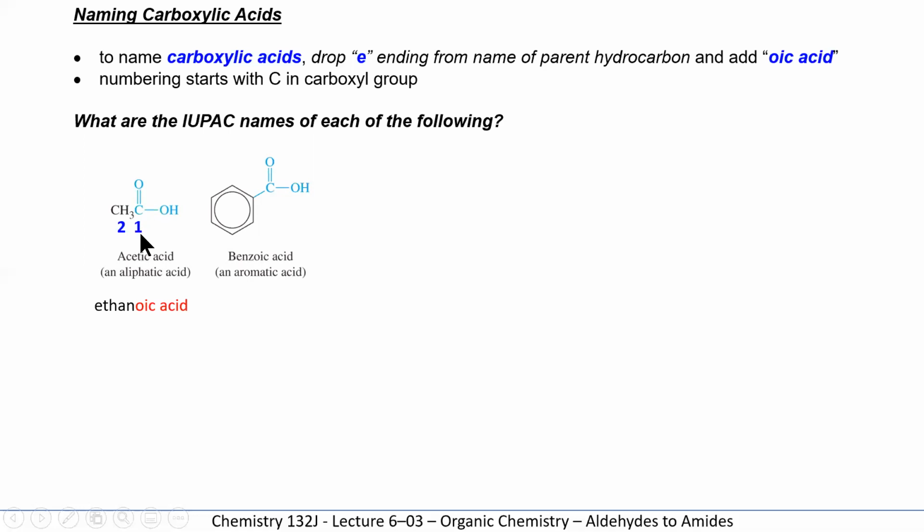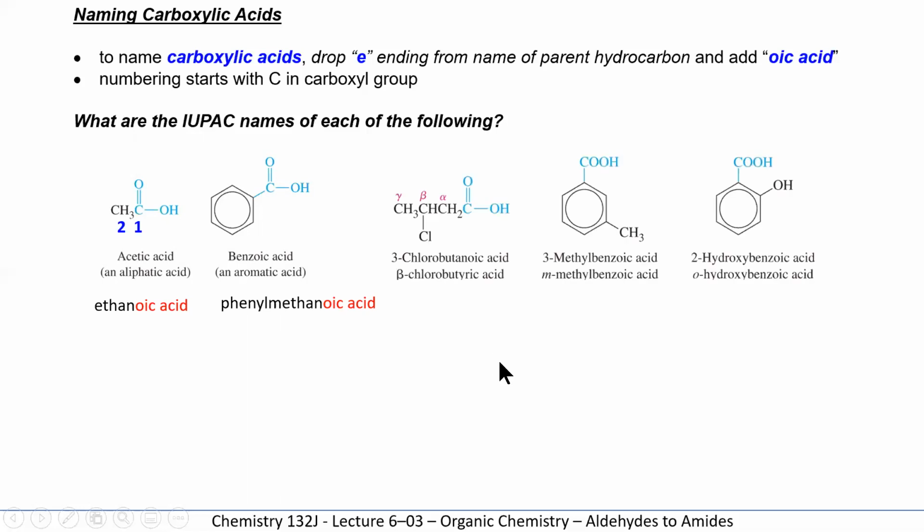And we're always going to start the numbering from the functional group, the acid group. In this case, we call this benzoic acid is the common name, but the systematic name would be a 1-carbon acid with a side chain that's a phenyl. So we call it a methanoic acid, and the side chain is phenyl, so phenyl methanoic acid is another name for benzoic acid. And some more examples here. You can see we have a 4-carbon chain here.